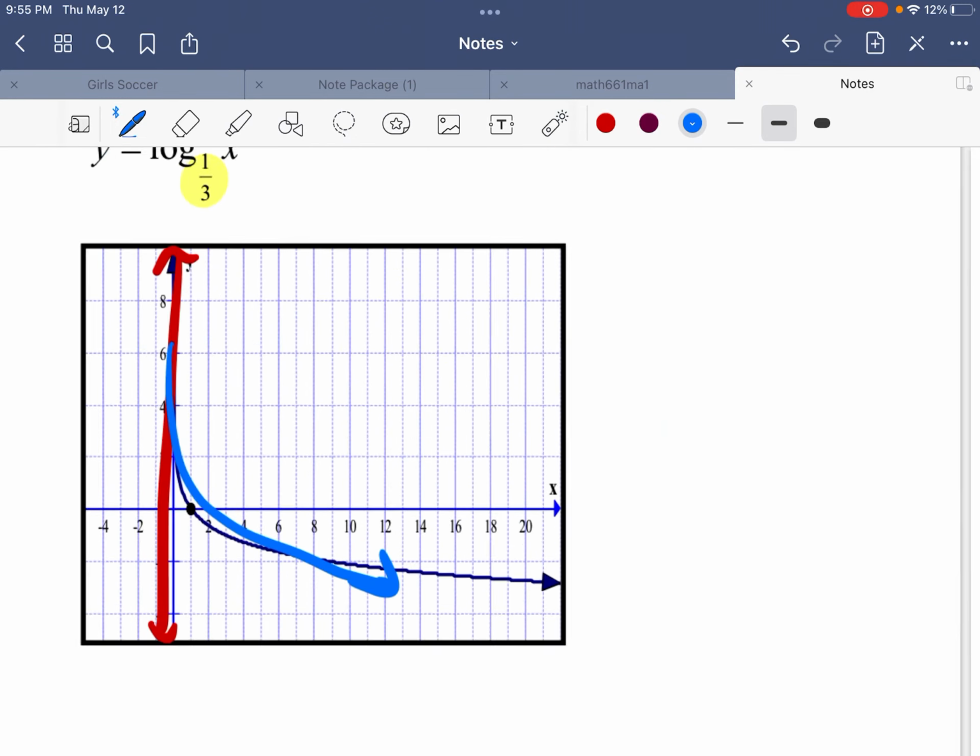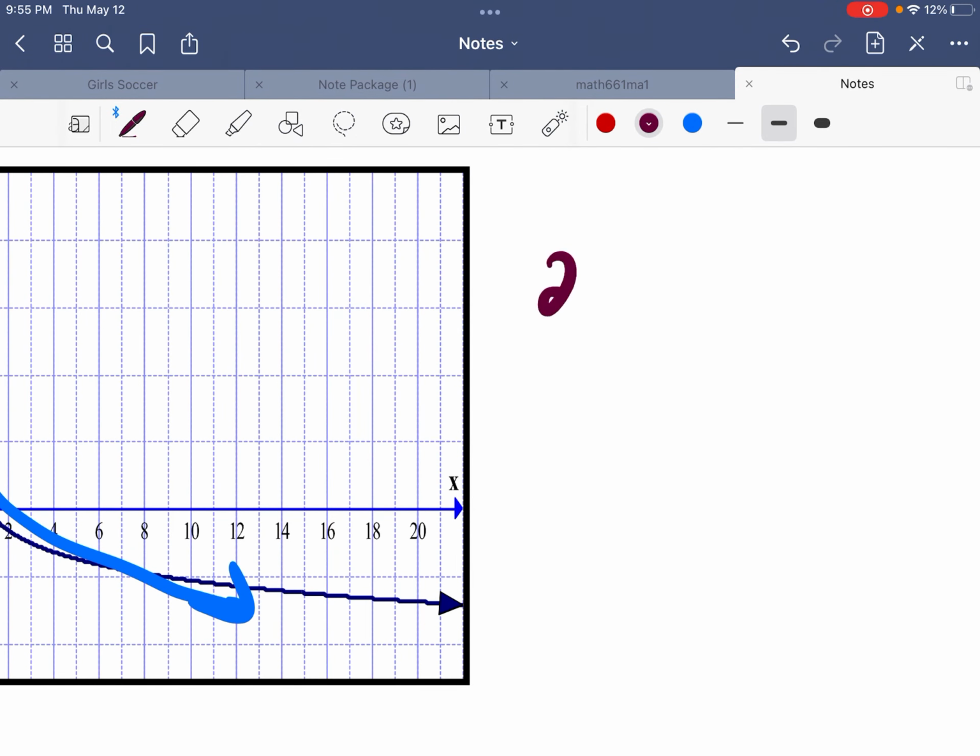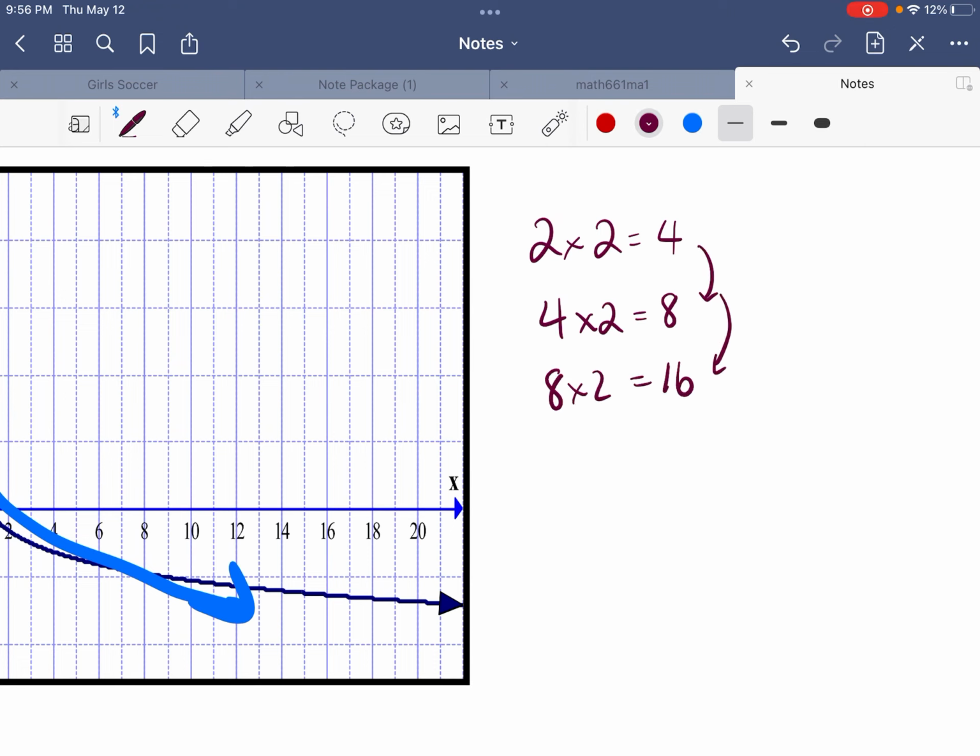Now if you think back to exponents, if I have a number that's bigger than 1 and I repeatedly multiply that number, so 2 times 2 gives me 4, and then if I multiply 4 by 2, I get 8, and if I multiply 8 by 2, I get 16. You'll see that the number is increasing.